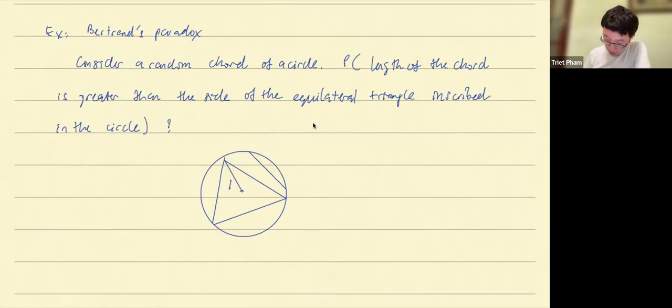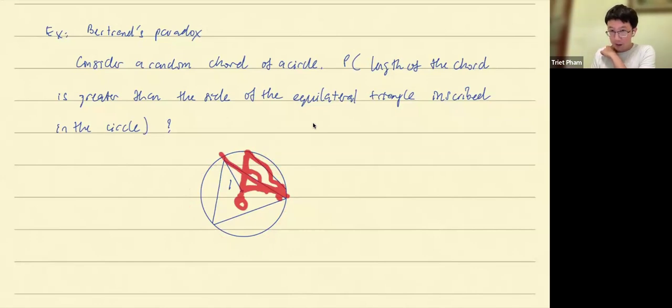And the reason is that if one point is picked, and then the other point is randomly selected among the remaining part of the circle, then if you look at the angle formed with the center of the circle by the chord, you see that if the angle is bigger than 120 degrees, then the chord length will be bigger than the length of the side of the equilateral triangle.